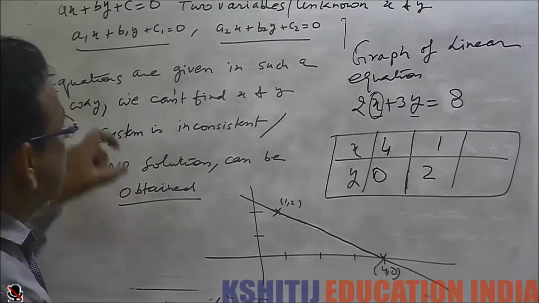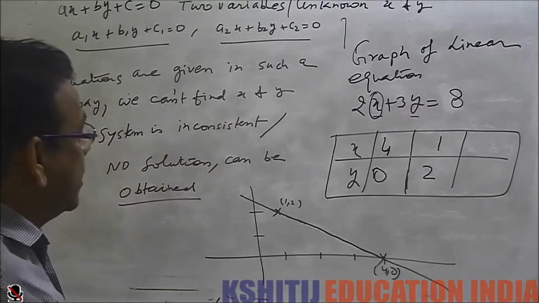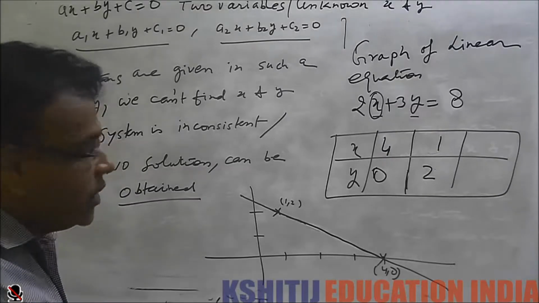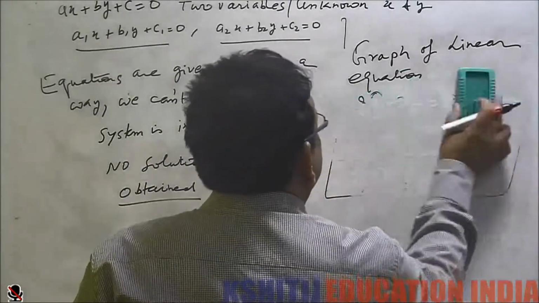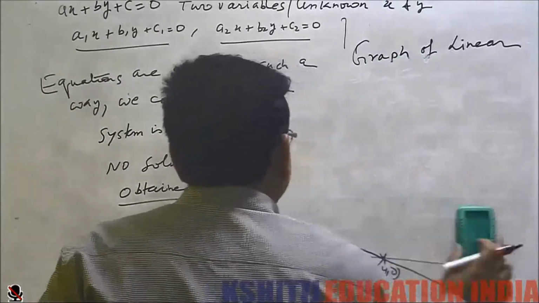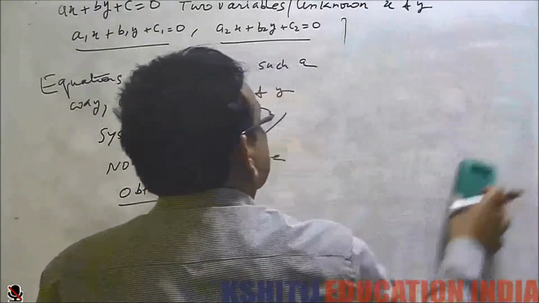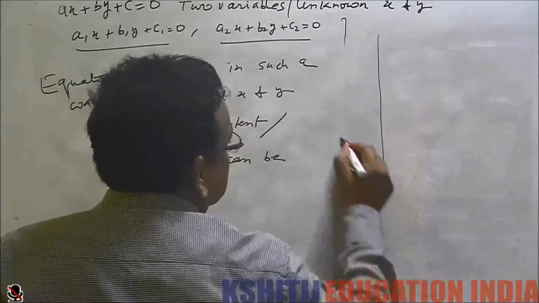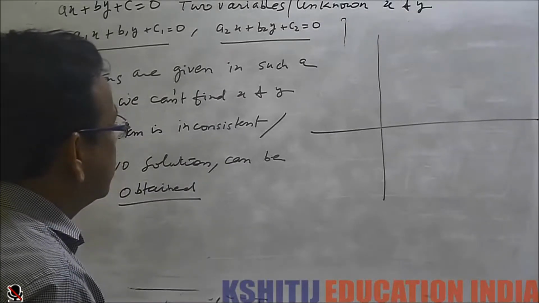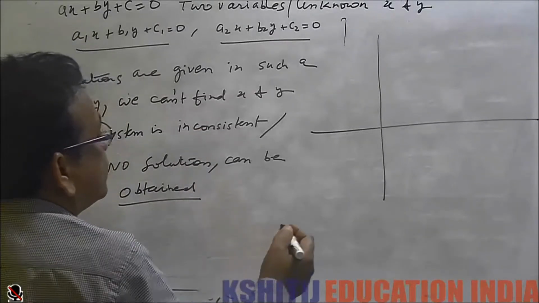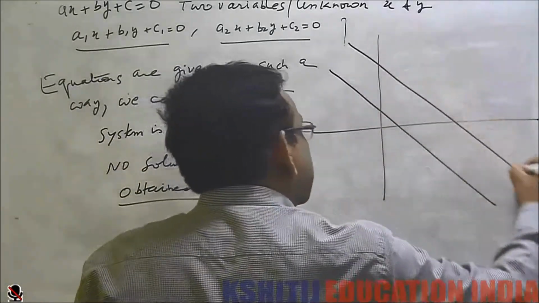Now I wanted to discuss what we mean when the equations are given in such a way that we can't find the solution of this set of equations. We cannot find the value of x and y. It means that if we draw the graph of these two equations, let's say this is my one equation, and the other equation is this.